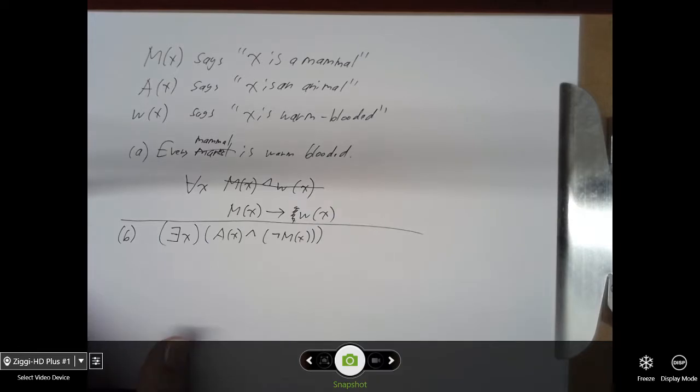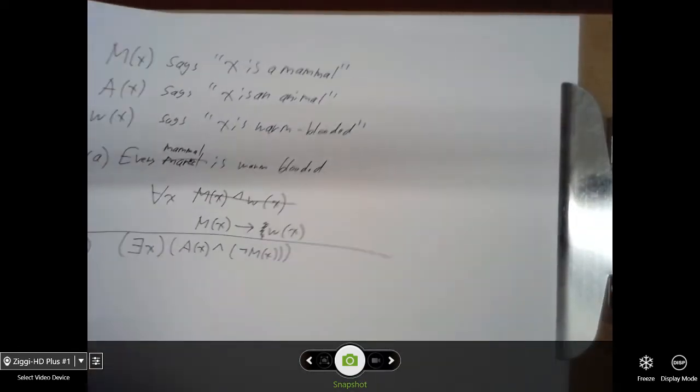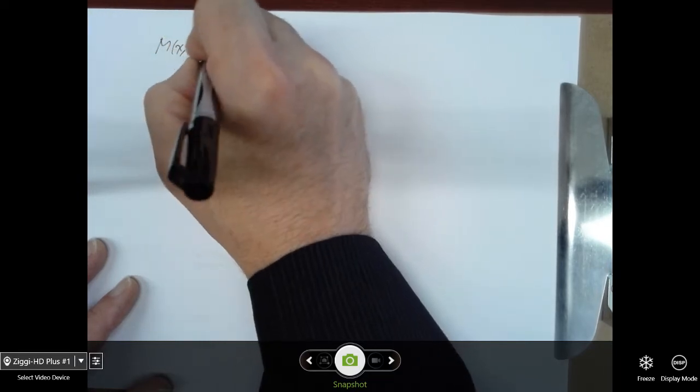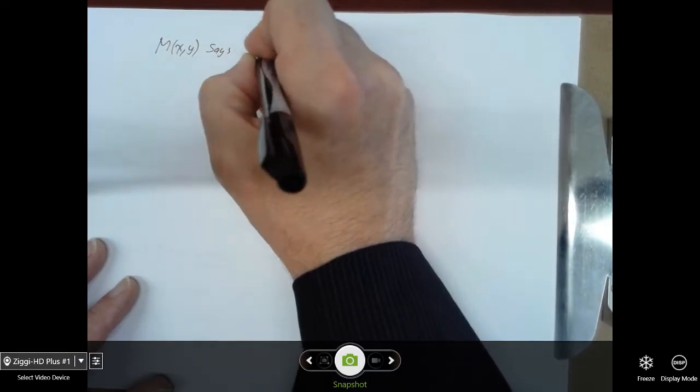All right, what about the mother-grandmother one? We talked a little around this the other day, but let's do the whole thing. So m of x y says x is the mother of y.